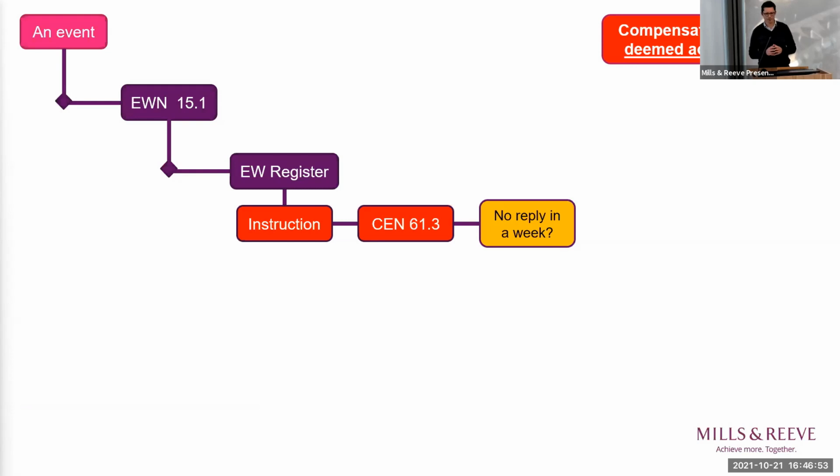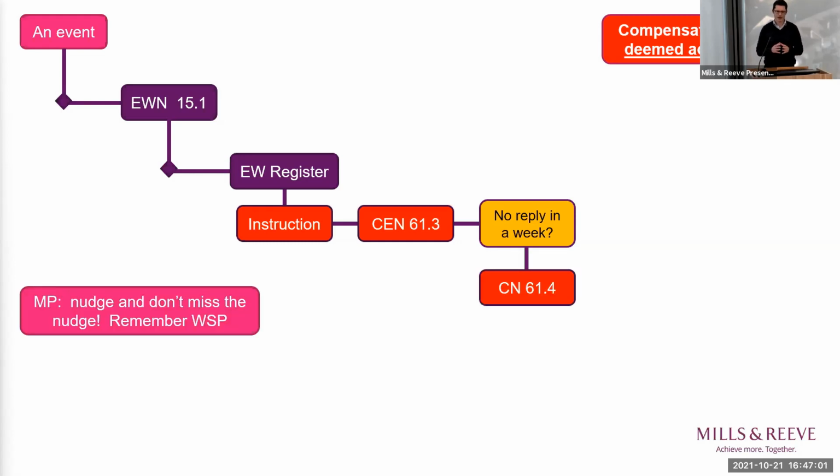What happens if the PM is silent and it doesn't reply within the 1 week window? Again, the NEC is keen to ensure that the pace of resolving disputes and differences is a keen one, and it gives the contractor the right under 61.4 to issue a nudge notice to the project manager stating, I haven't heard from you within the week.